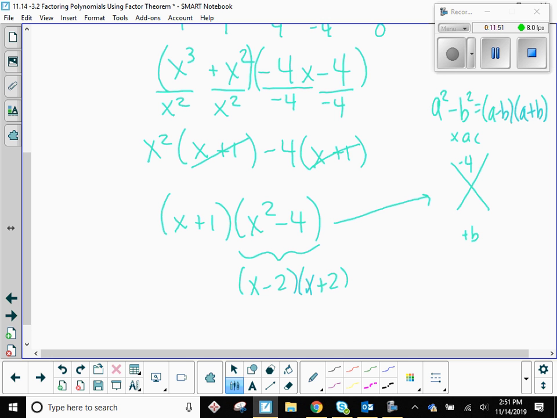There is no B value, so it's the number 0. And what multiplies to negative 4 and adds to 0? Negative 2 and positive 2. Still the same thing, okay? So negative 2, positive 2. And then I have this here. And I feel done.